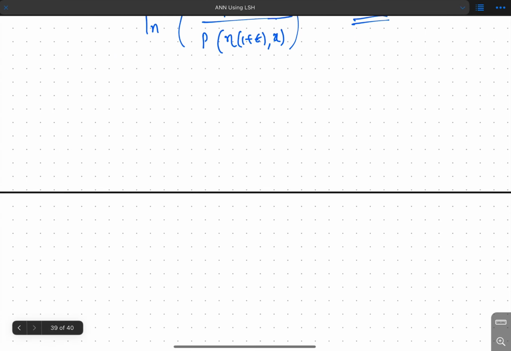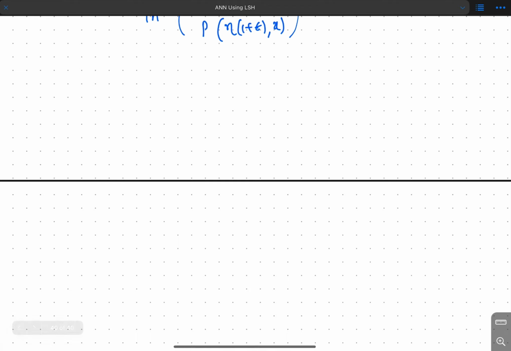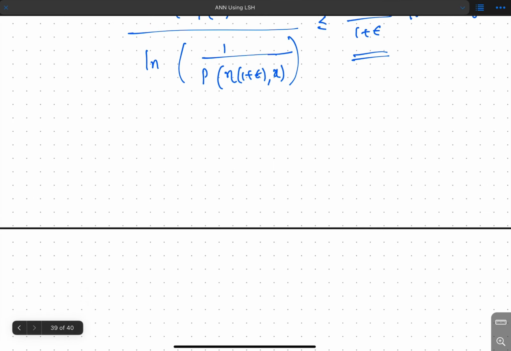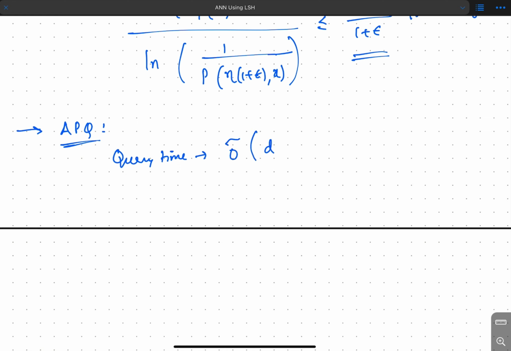So this gives us a locality sensitive hashing scheme for Euclidean metric space, and using this locality sensitive hashing we can solve approximate nearest neighbor queries in Euclidean metric, where the query time, again, will be of the order O tilde of d times n to the power 1 by 1 plus epsilon, and the preprocessing space will be O tilde of d times n to the power 1 plus 1 by 1 plus epsilon.